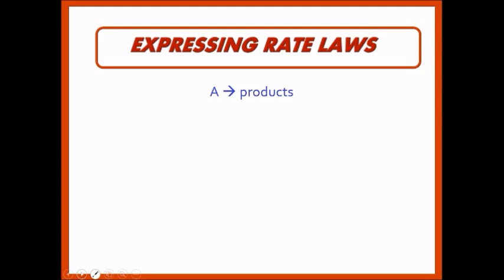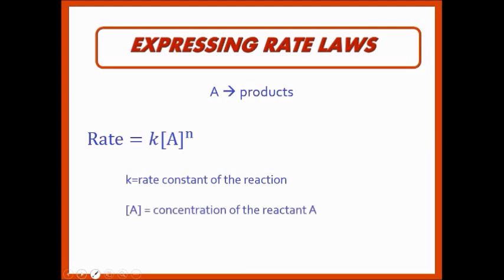So here we have reactant A. In order to write the rate law for this equation, we would say that rate is equal to k, which is our rate constant of the reaction, a constant value for a specific reaction, times the concentration of our reactant A, raised to n, which is the order of the reaction with respect to reactant A. Ultimately, the order of the reaction with respect to that reactant tells us how the rate of the reaction changes as a function of concentration.